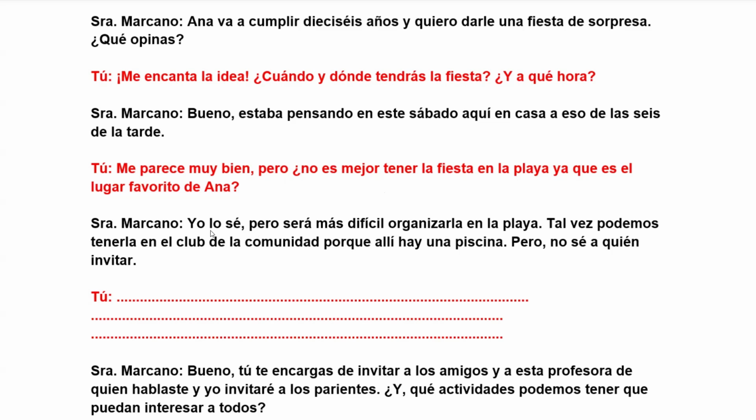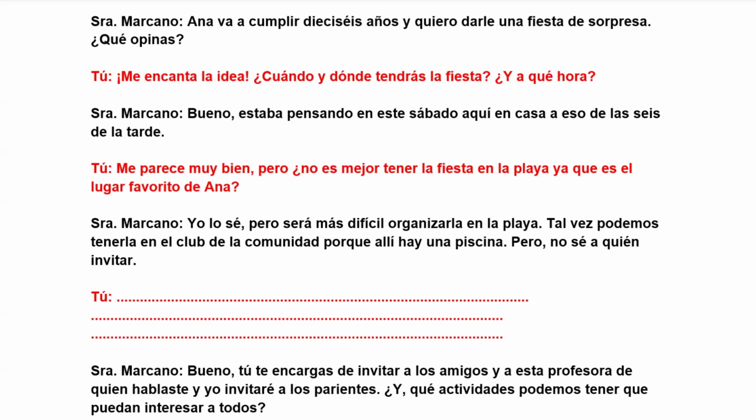And because she gave the response saying that it would be harder to organize it at the beach, we know that we need to include something about the beach in our response. And this is why I have mentioned here in our response, isn't it better to have the party at the beach given that it's Anna's favorite place to be? That's why we have that response, because it connects this part of the conversation to what has been said below.